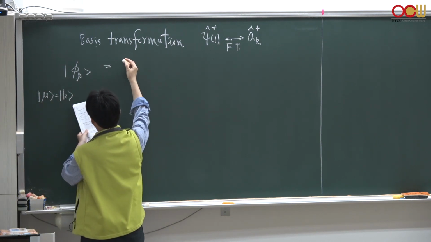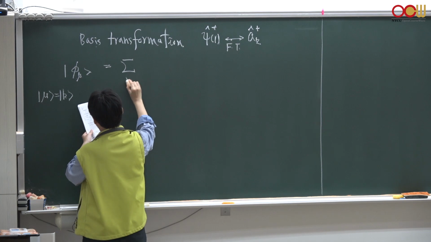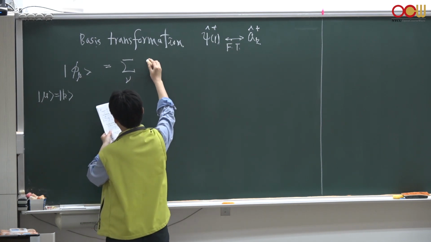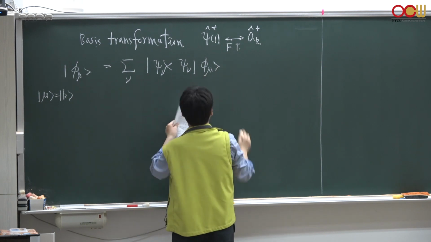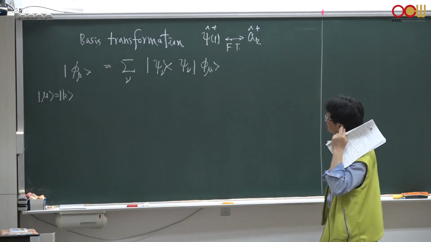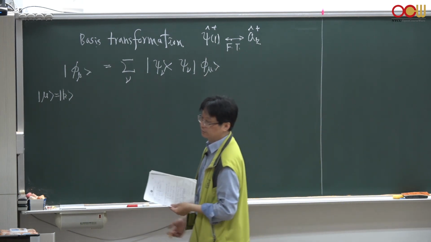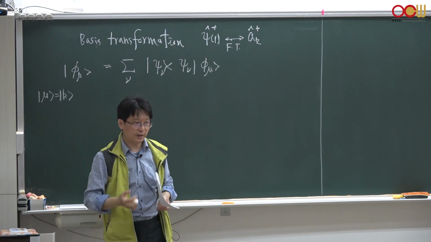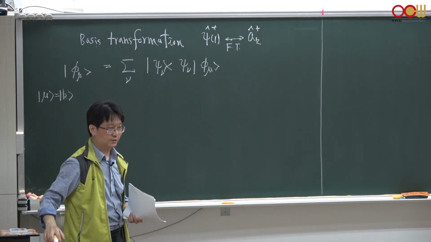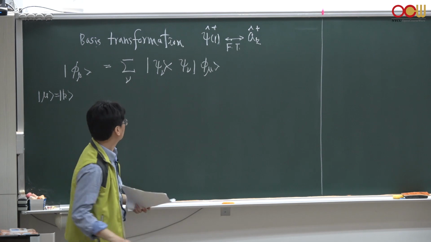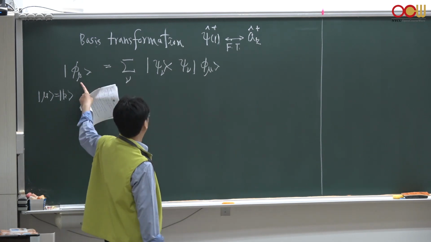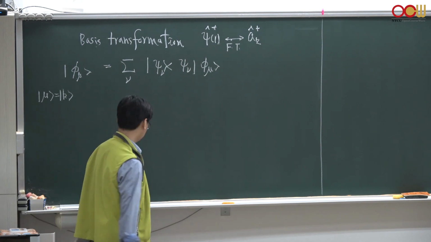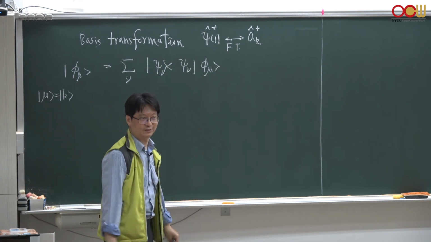But this could be expanded in terms of another orthonormal basis, which I call nu, from quantum mechanics. So any quantum state could be expanded in terms of any other orthonormal basis functions. And I could choose whatever I want to expand that arbitrary quantum state in terms of whatever eigenbasis I want.